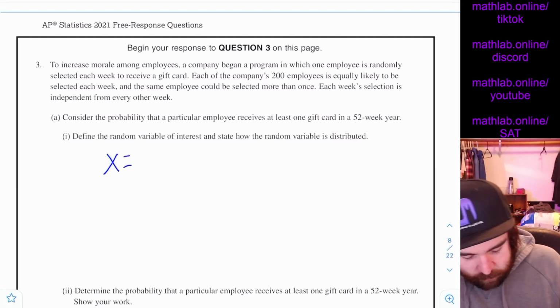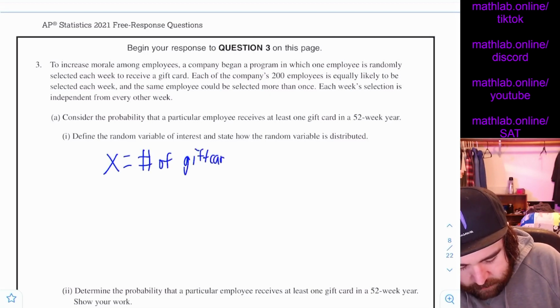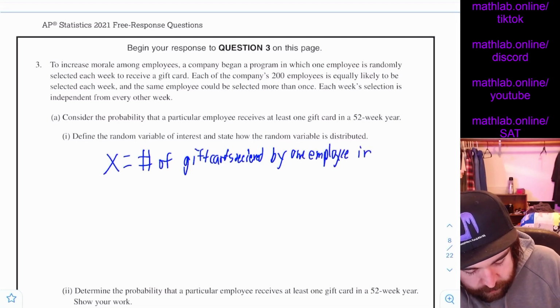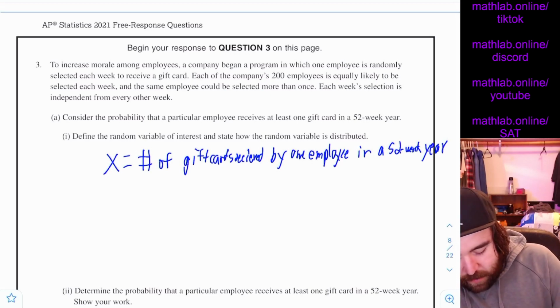X equals number of gift cards received by one employee in a 52-week year. Yes. State how it's distributed. It's geometric.